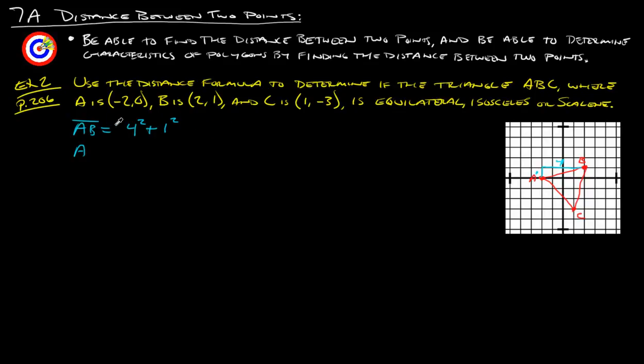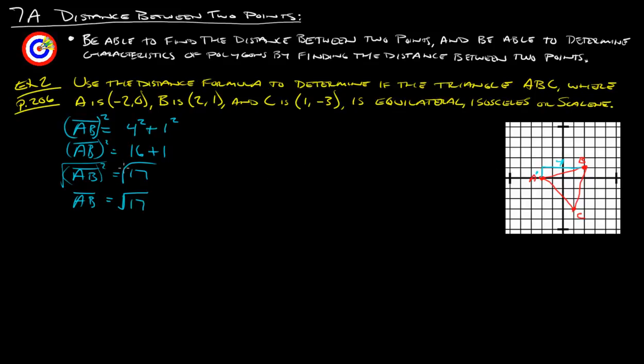Let me try this instead. Let's do this. AB squared. There. How about that? AB squared is going to equal 4 squared plus 1 squared. So AB squared is going to be 16 plus 1. So AB squared is 17. So then AB is just going to be, because we take the square root of both of these, the square root of 17.